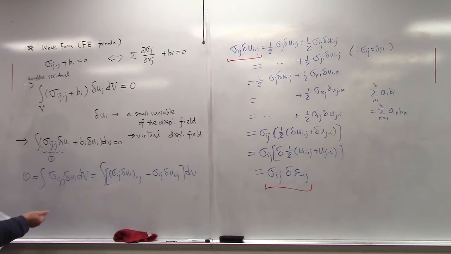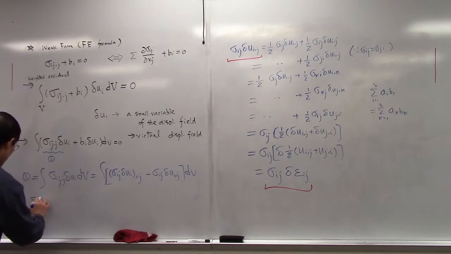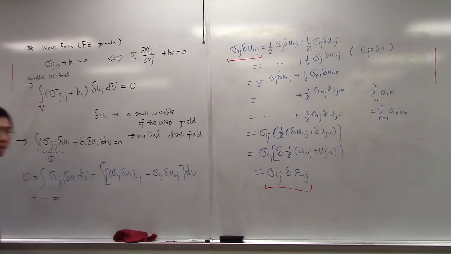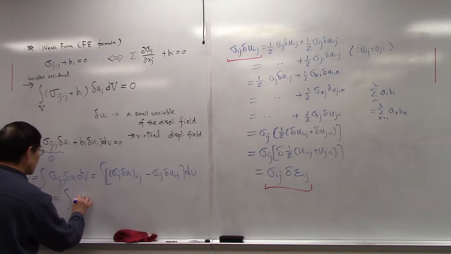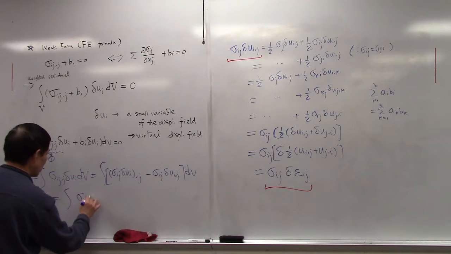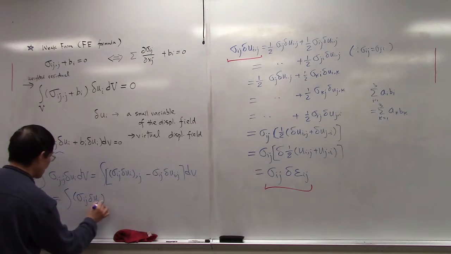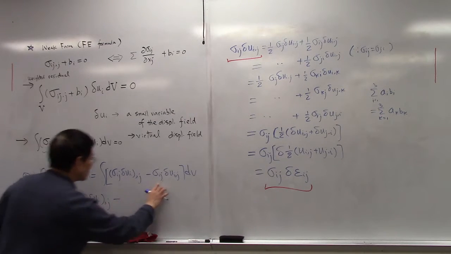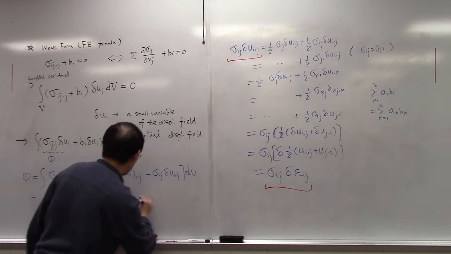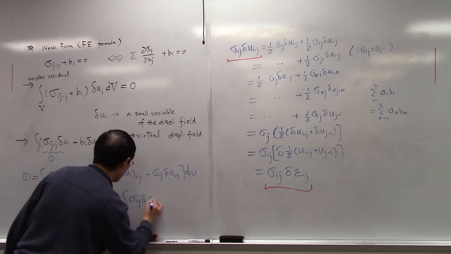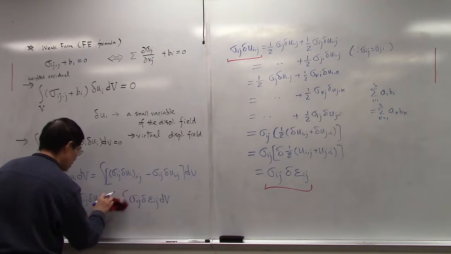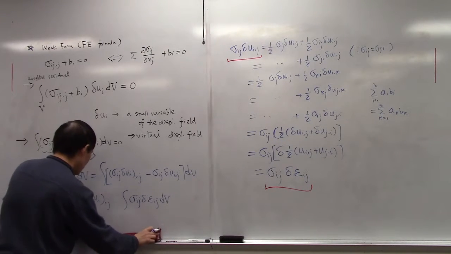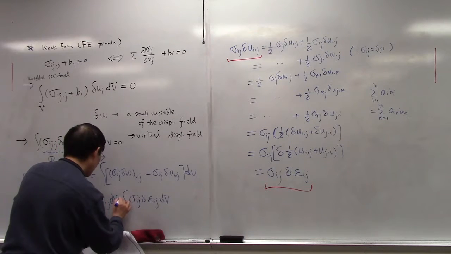Therefore now I can write this term, because of the derivation here, and this term becomes sigma ij delta u_i, the whole thing together, comma j, minus this. Okay, this is equal to that, so it's sigma ij delta epsilon ij, and then integrate over v, with respect to v here, also with respect to v.